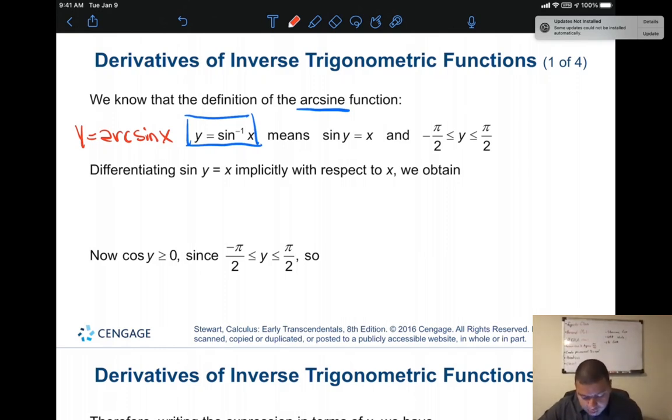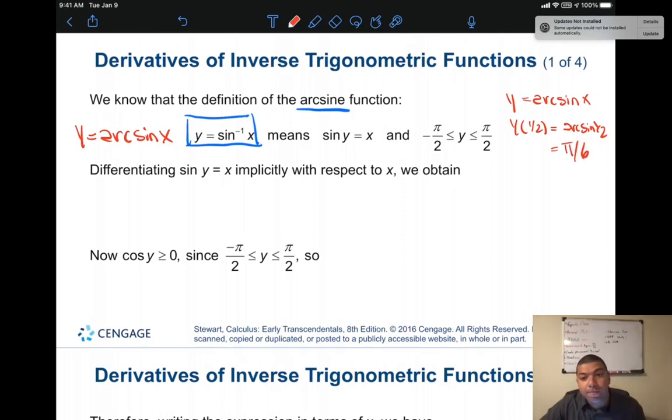So just as a reminder, y equals the arc sine of x. So let's say, what's y of 1/2? That will be an angle whose sine equals 1/2. So arc sine 1/2. An angle that I know whose sine equals 1/2 is 30 degrees, so pi over 6.